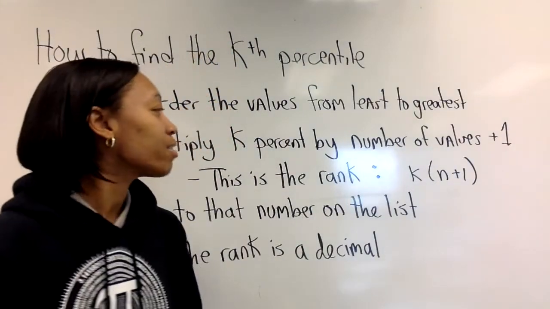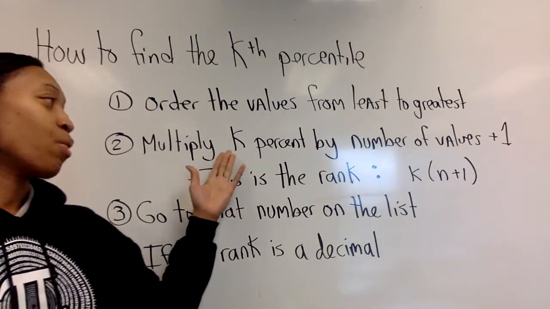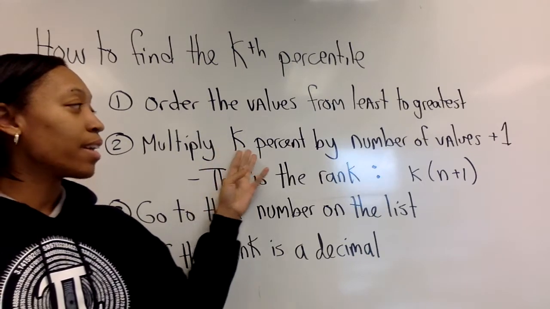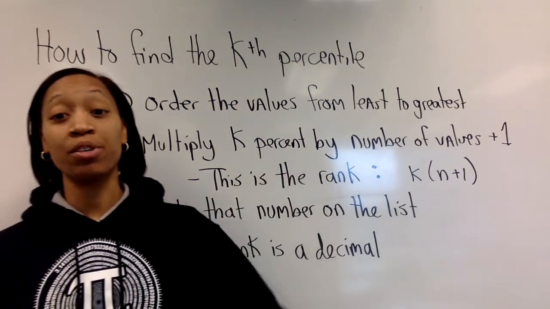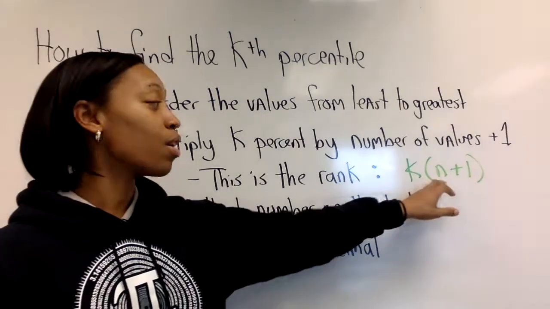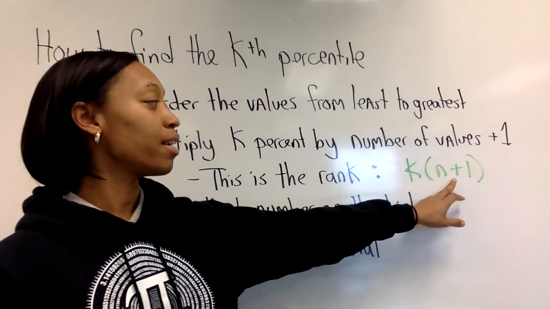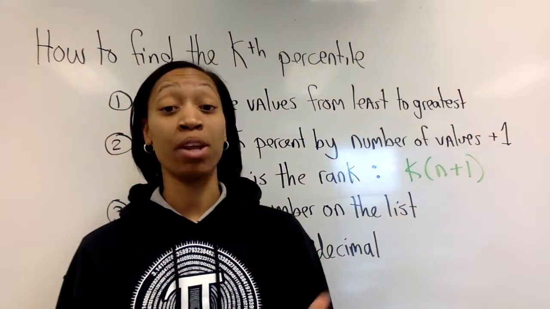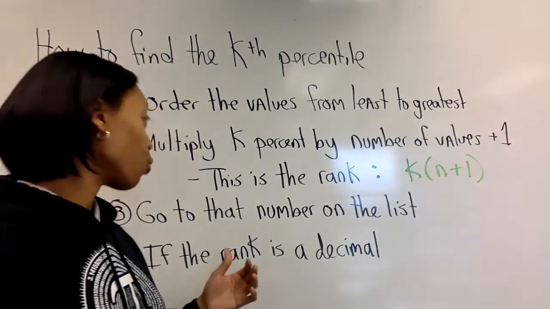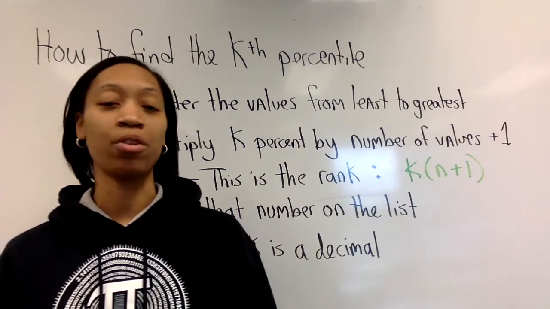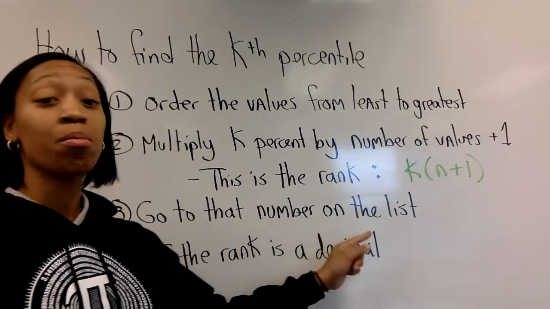Then, after your data is in order, let's say you want to find the kth percentile. You're going to multiply k by the number of values plus 1. So the number of values plus 1 multiplied by k is going to give you the rank that you want to find. So whatever rank you're looking for, is it the first number, the second number, the third number, you just go to that number on the list.